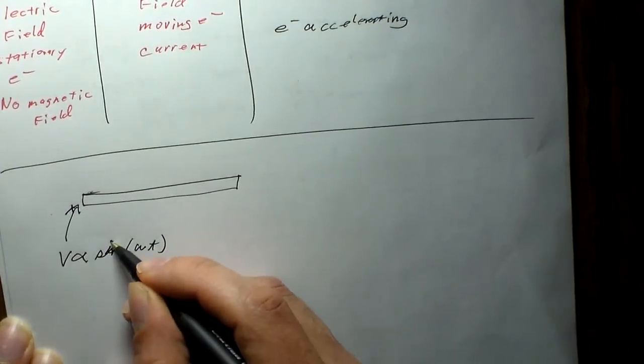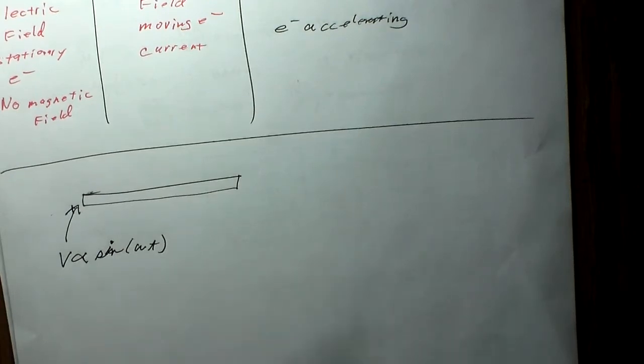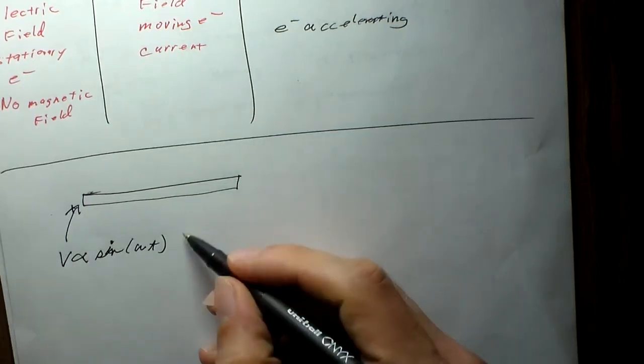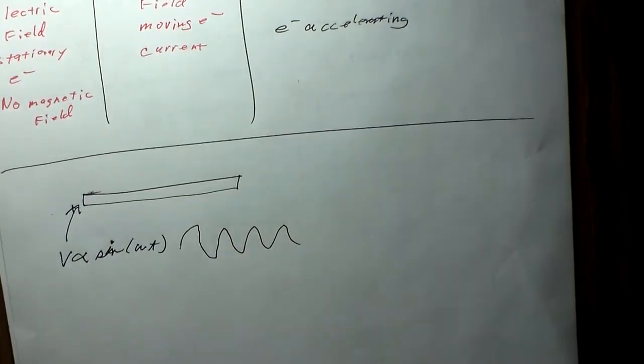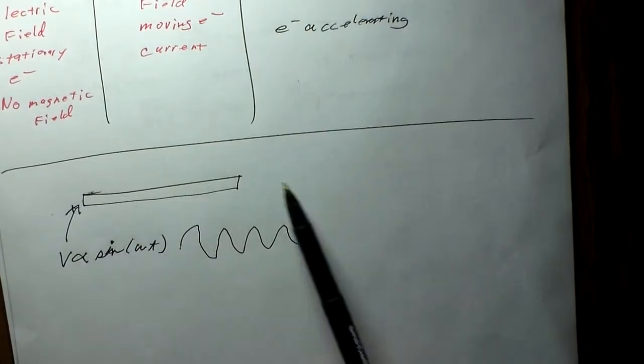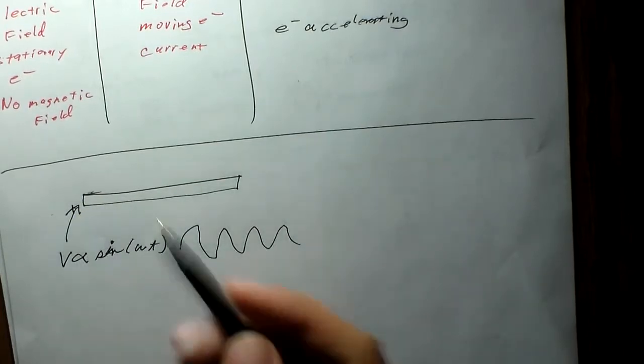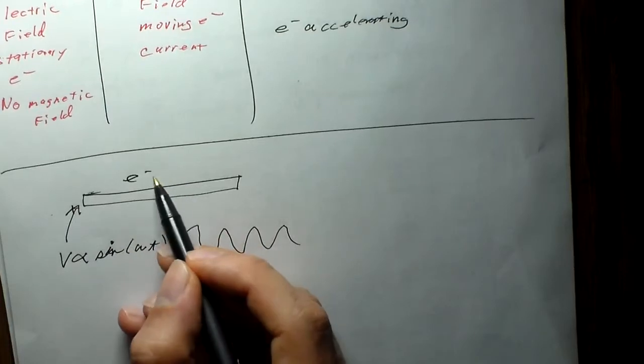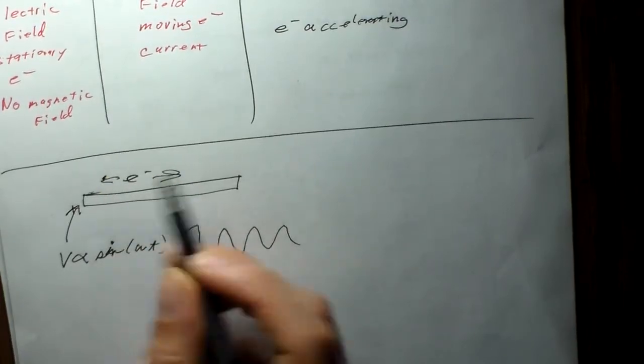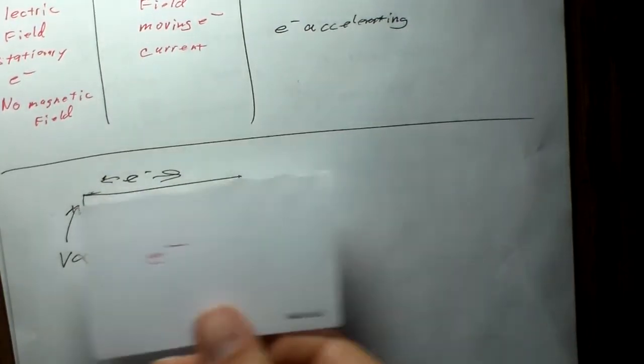We're just putting in some sine wave. It's more complicated than that in real life, but basically we have some time varying voltage here. This applies a different electric field inside, and then the electrons are going to go back and forth and back and forth, oscillating inside of this.